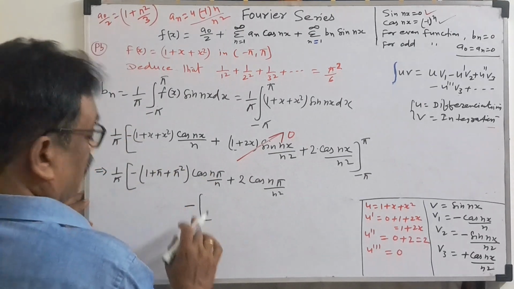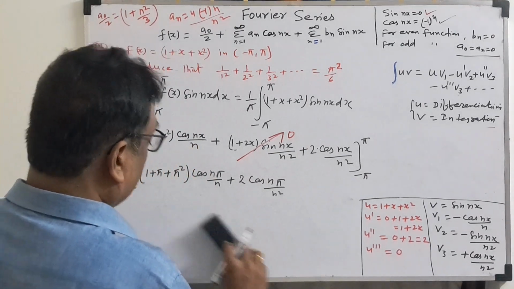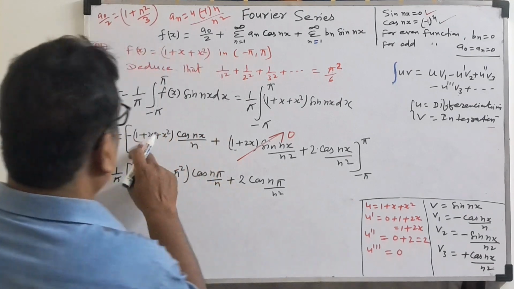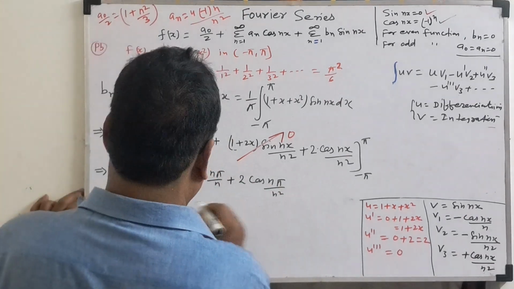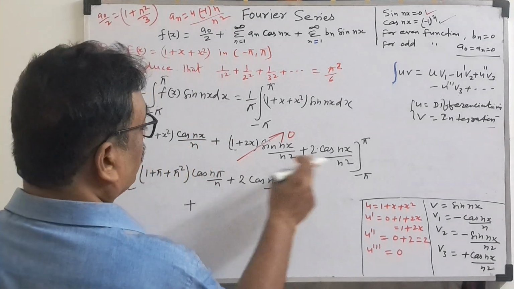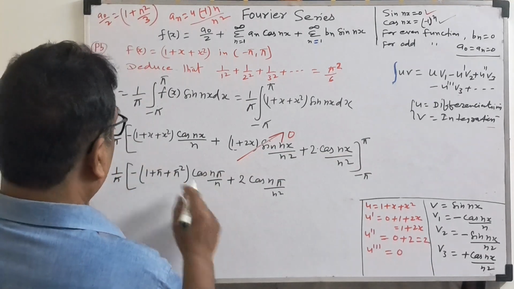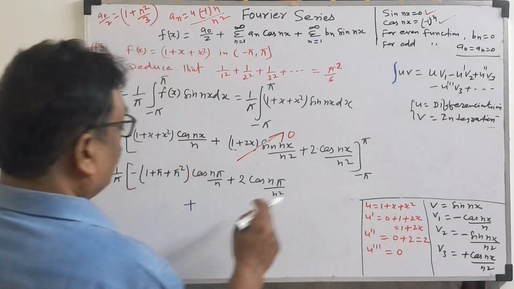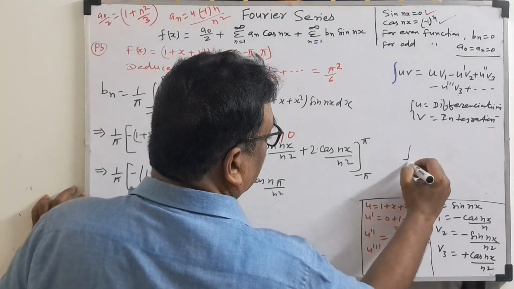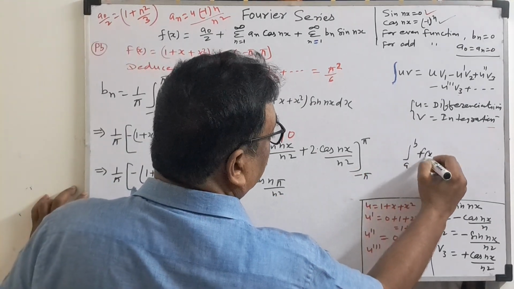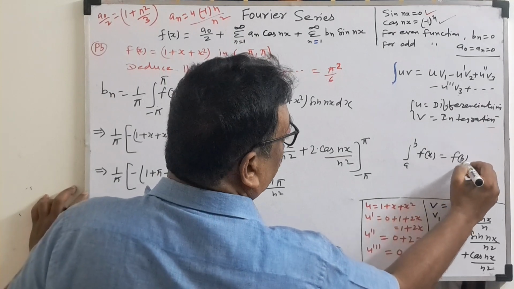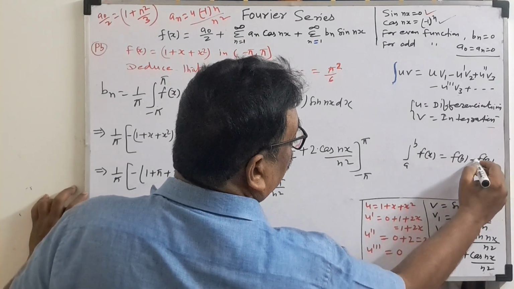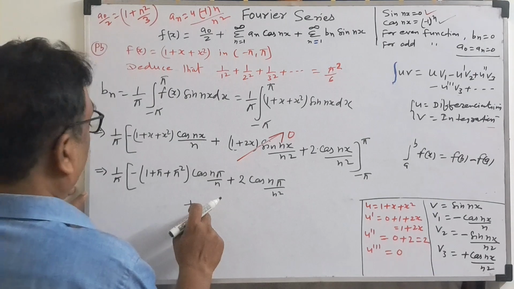This part will come plus, but this another part will come minus. Due to this minus, and the formula from a to b f x is equal to f b minus f a, it becomes plus.